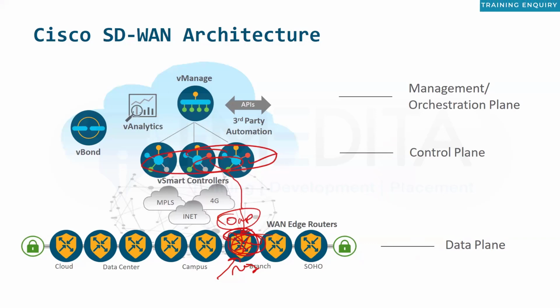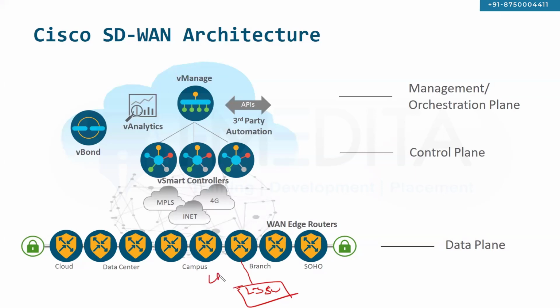I'll give you one more example of why control plane still exists on the vEdge routers. Let's assume there is a branch router connected to a layer 3 switch towards the LAN side. Now you may be using OSPF there, or maybe BGP. So BGP has to be implemented on this vEdge router.